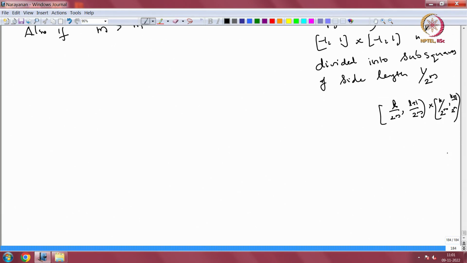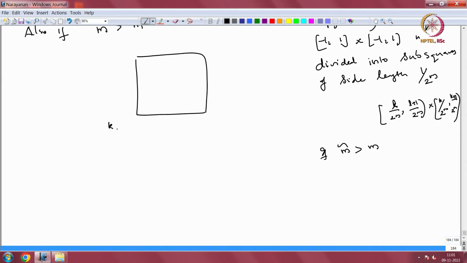Now, if m tilde is greater than m, what happens to these squares? Just like in the case of the single operator, an interval of length 1 by 2 to the m got divided into several smaller pieces of length 1 by 2 to the m tilde. Similarly here, each square will get divided. Let us see one square.